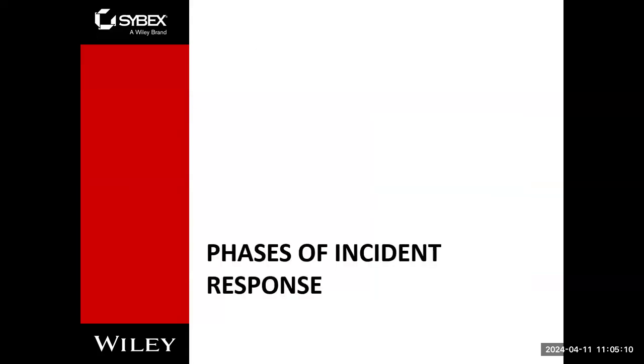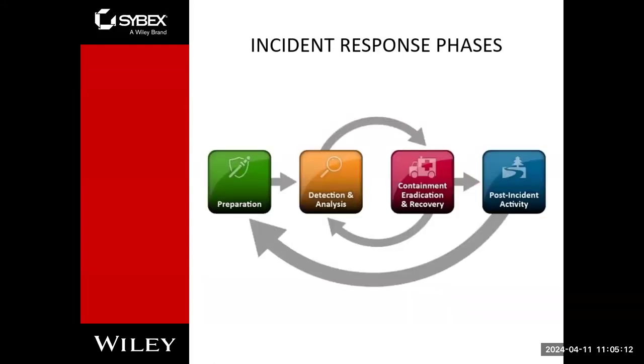So let's look at the phases of an incident. Your incident response phase is cyclical, similar to the software development lifecycle. You can put it into those terms. We have preparation, detection, where we detect the breach or we detect the event.